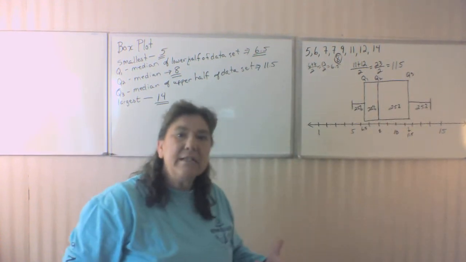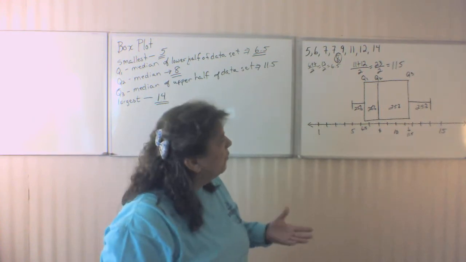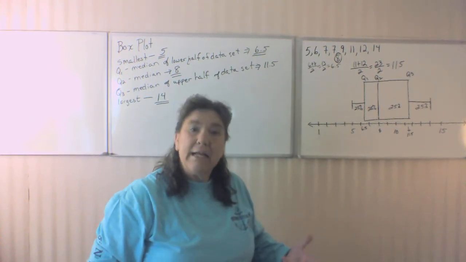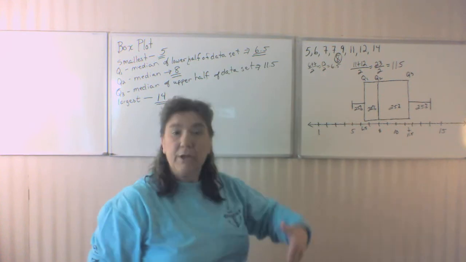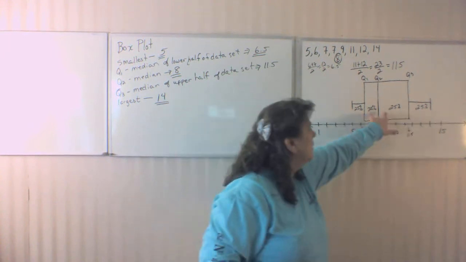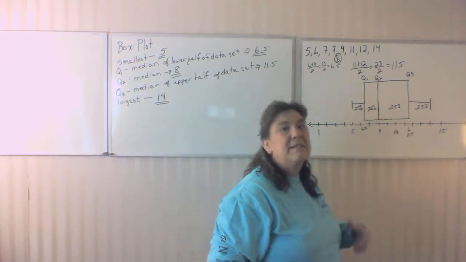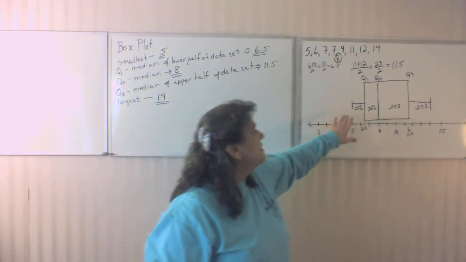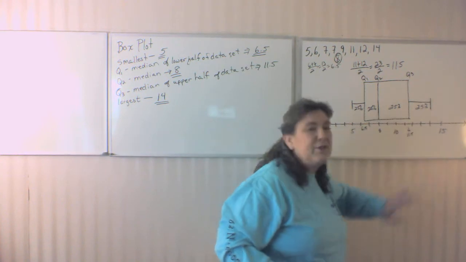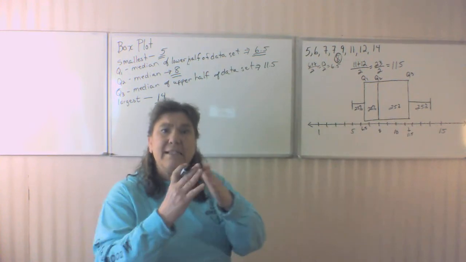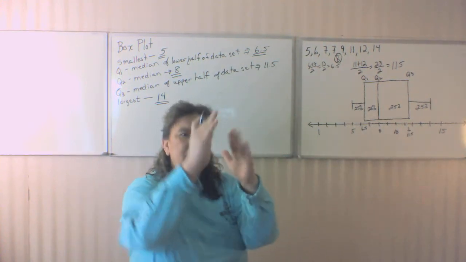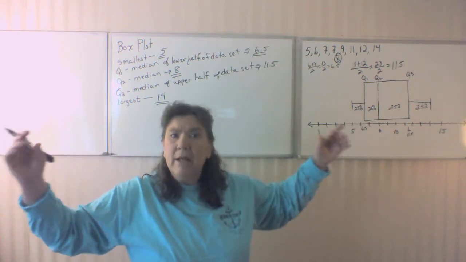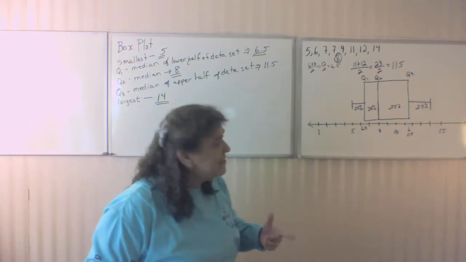If I were to ask you how much of the data lies between the Q1 and the Q3, well, 25 and 25 makes 50% of the data. So we see that it divides it very nicely into 4 sections. But the size of those quartiles, as far as the size of the rectangle and the whisker, are not the same.